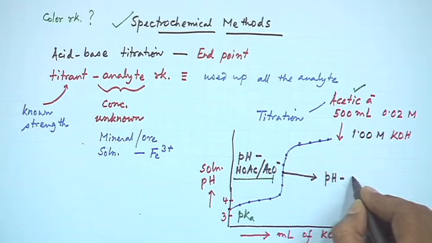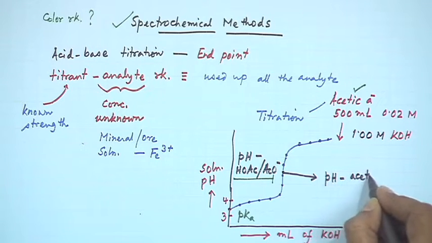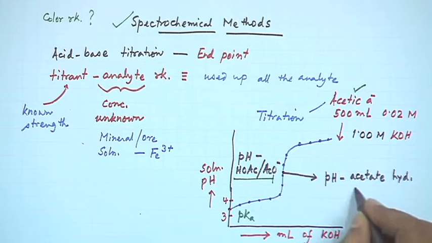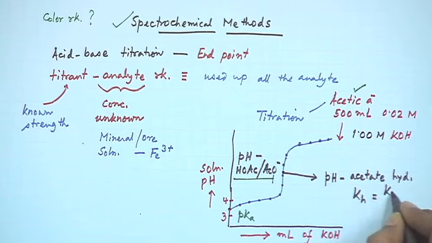So, pH will be given by the acetate hydrolysis reaction and will be given by the KOH, as we all know, which is nothing but your Kw by Ka value. So, this particular value will tell us this one.